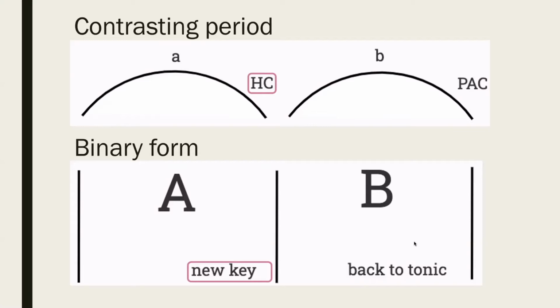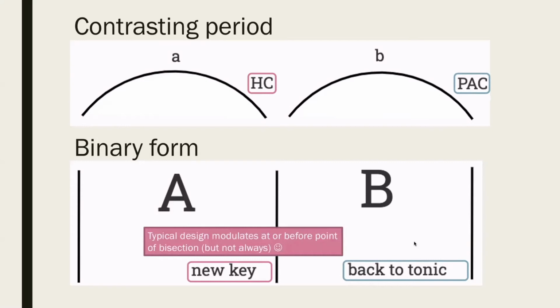And then the PAC we would get at the end of a contrasting period is kind of a phrase level counterpart to modulating back to the tonic key by the end of the B section. And so this is a very common modulation scheme we associate with binary forms. But keep in mind, even though this happens a lot, it doesn't always happen. There are some binary forms that do not modulate. So keep that in mind.